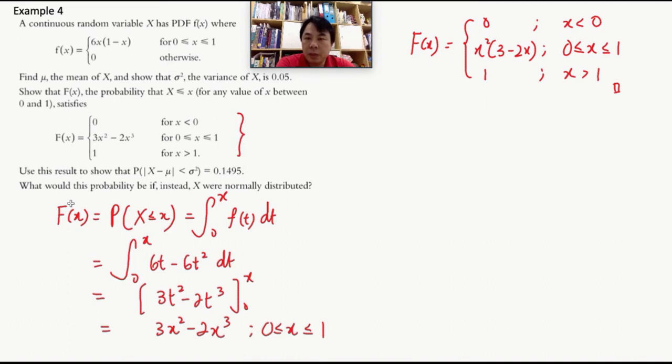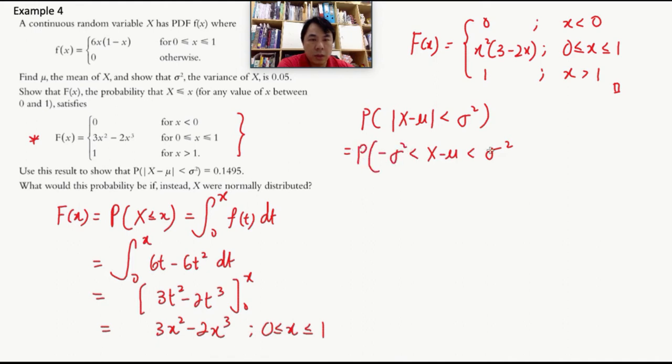Right? And then next we're going to use this result to show that this probability is given as such. So the probability of the modulus of x minus mean being less than this one here. Now we can start with this. This can be written as x minus mean less than the variance square and more than the negative variance square.